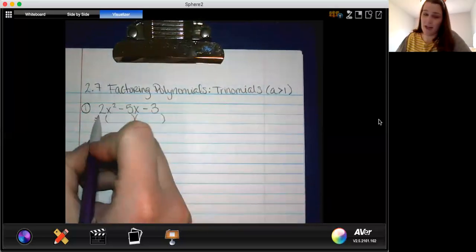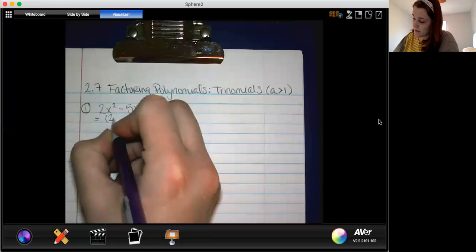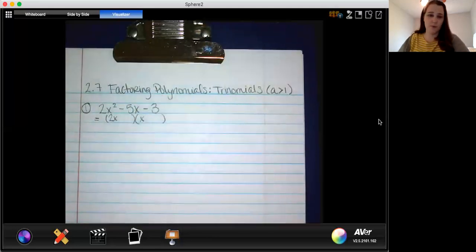Now originally when we had just x squared, we'd split it as x and x, but now that it's 2x squared, we need to identify what's something that could be multiplied on left and right side to become 2x squared. And that's going to be 2x times x. So I don't want 2x squared in 1.